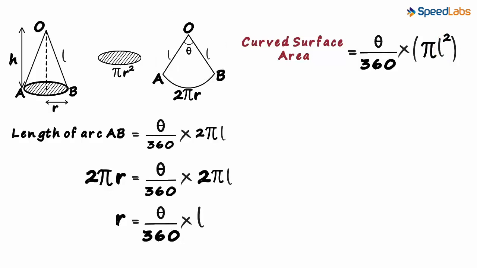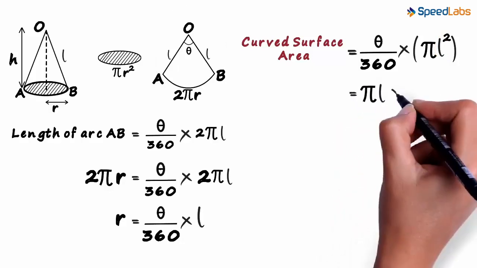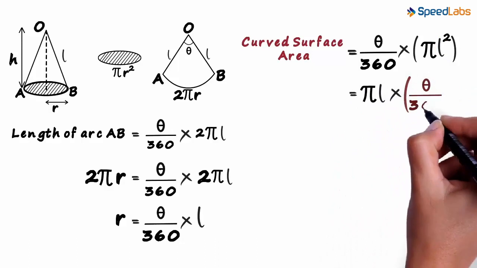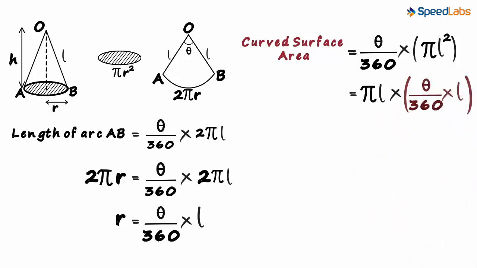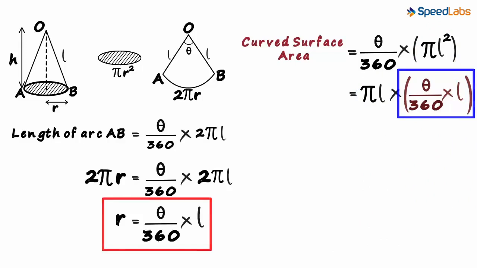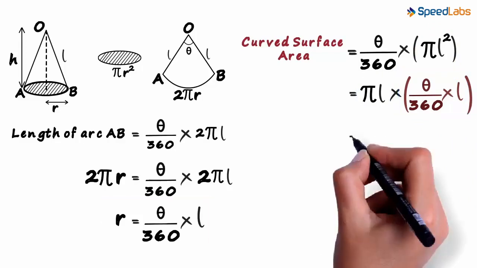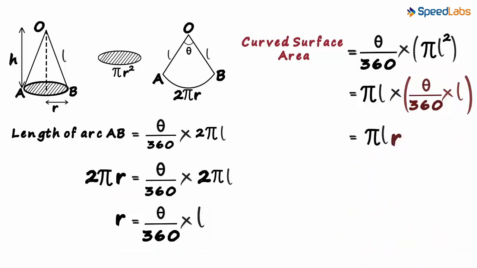Yes, this can also be written as pi L multiplied by theta by 360 multiplied by L. We have just split pi L squared into pi L multiplied by L. But this part in brackets, as we just found out, is equal to r. So the curved surface area will be pi L multiplied by r.